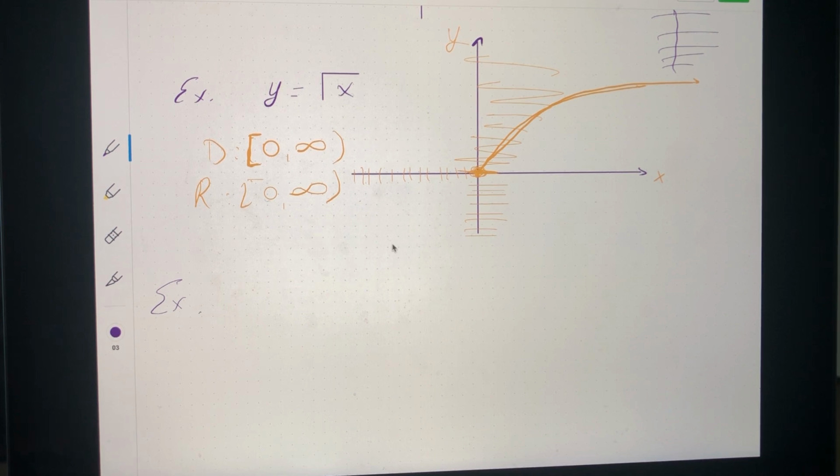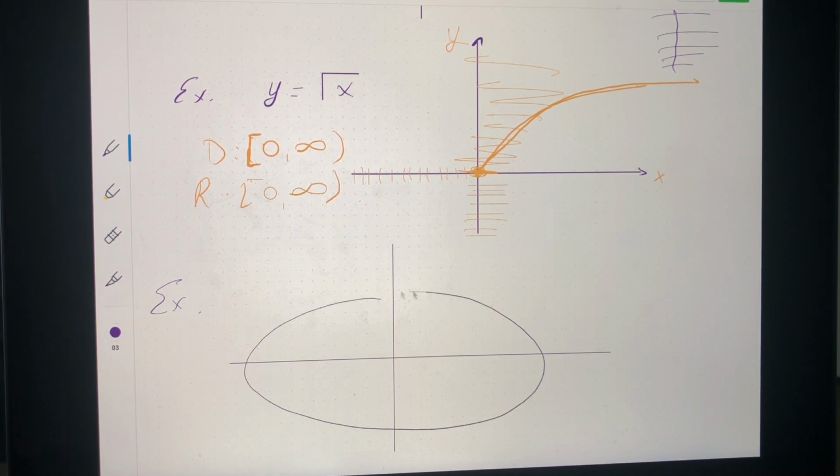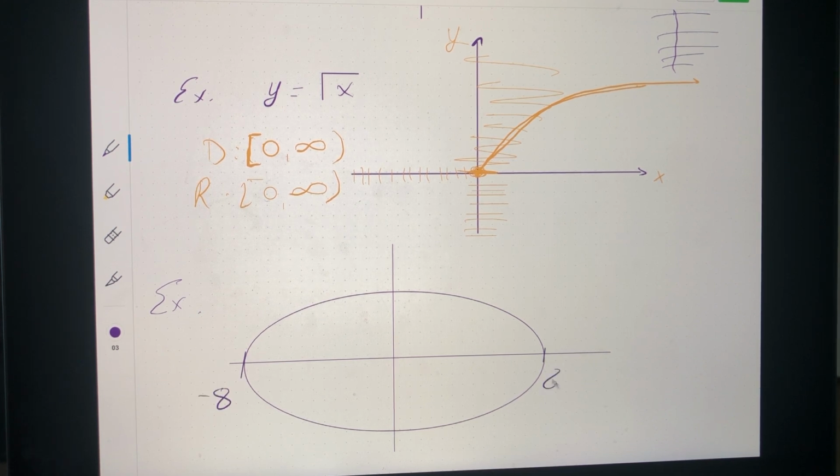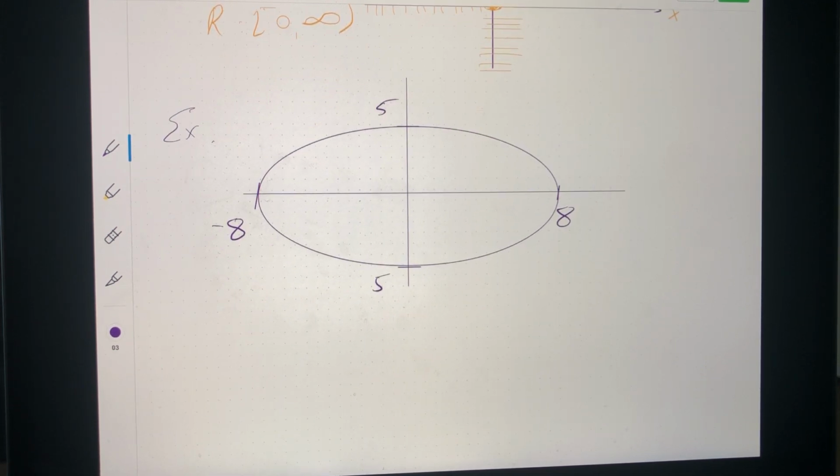Let's suppose we have an ellipse, and the ellipse is going to be from negative 8 to 8 and from negative 5 to 5. What is the domain and what is the range? The domain is on the x.